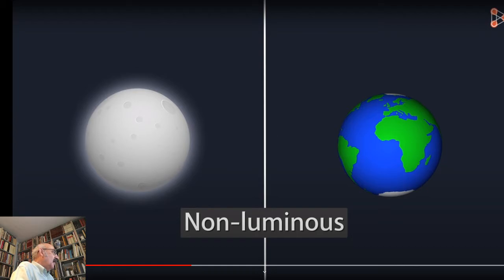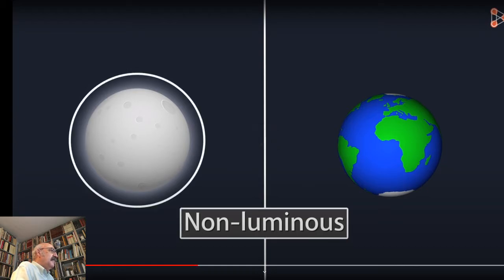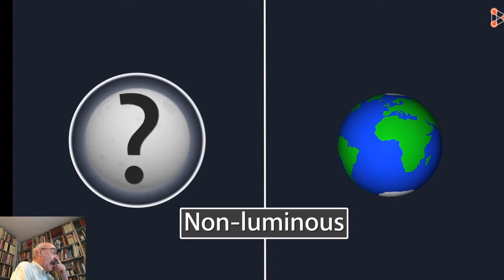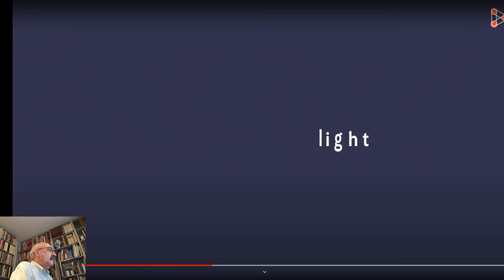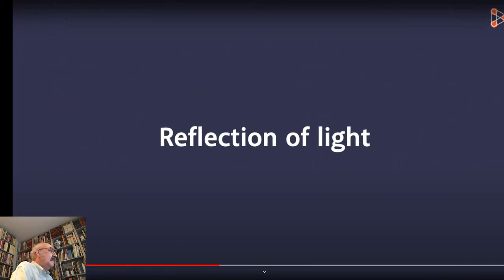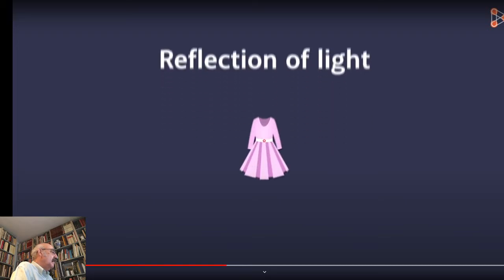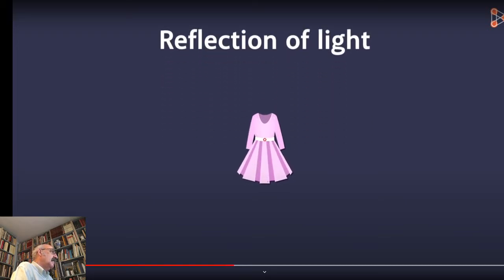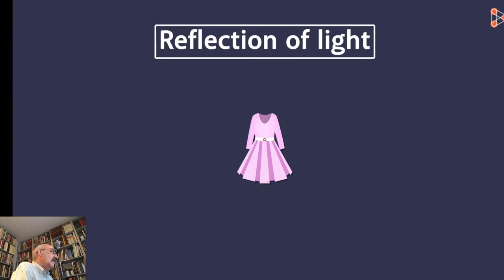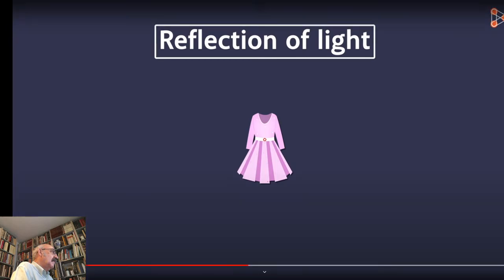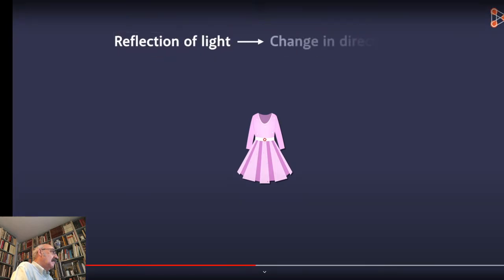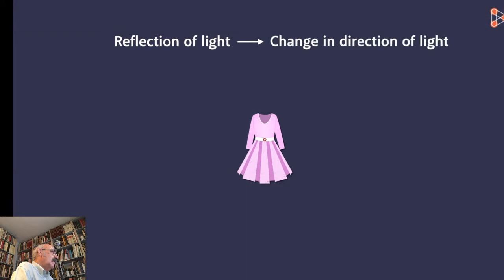But if the moon is non-luminous, then how come we're able to see it at night? The answer to this is reflection of light. The reason we're able to see any non-luminous objects around us is because of the reflection of light. Reflection of light can simply be referred to as change in direction of light, or bouncing of light from some surface.